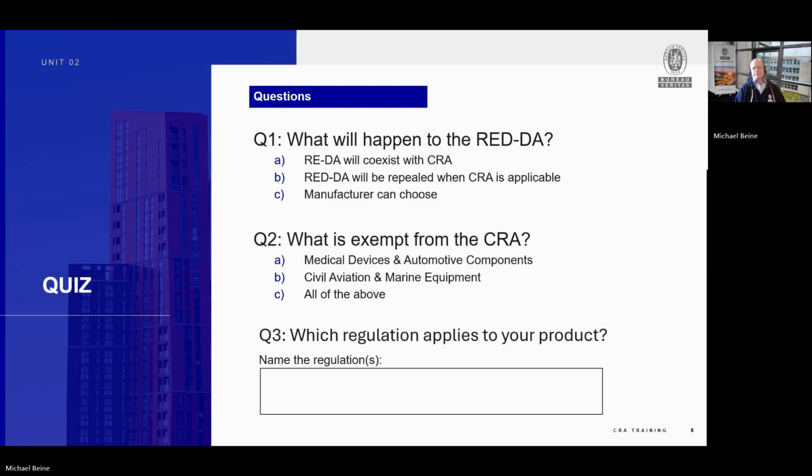That also explains that they will not coexist. There's no coexistence of the RED DA cybersecurity aspects with the CRA. But as long as the CRA does not apply, so for right now, the RED DA applies. So if I'm developing a new product right now and want to place it on the market before December, I need to look at the Radio Equipment Directive.